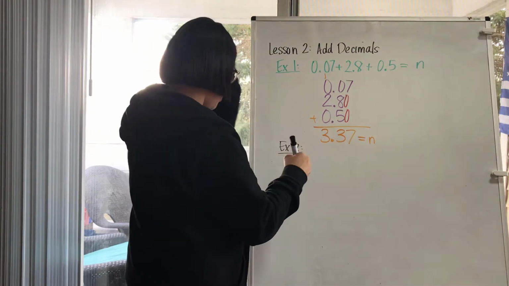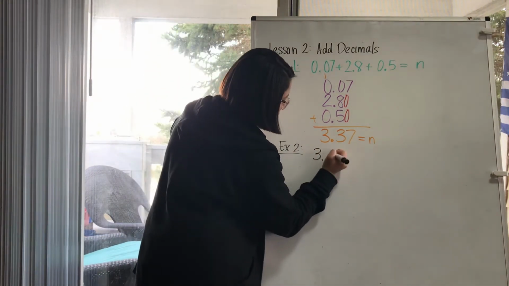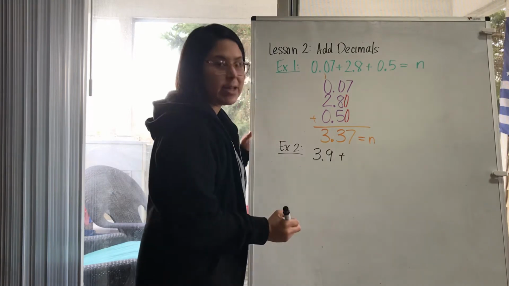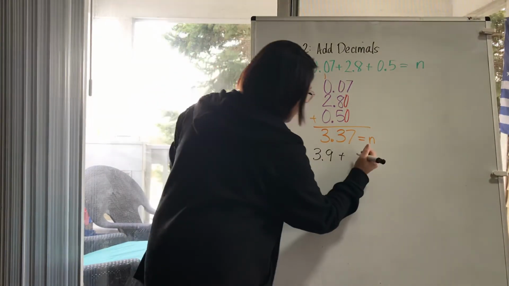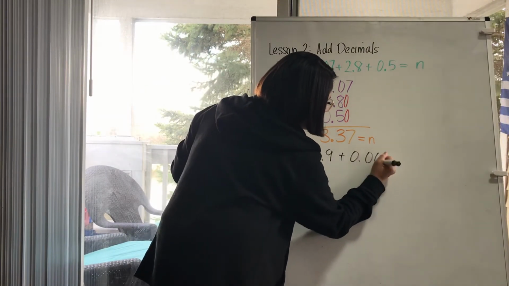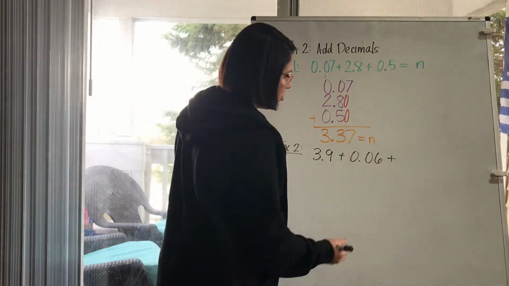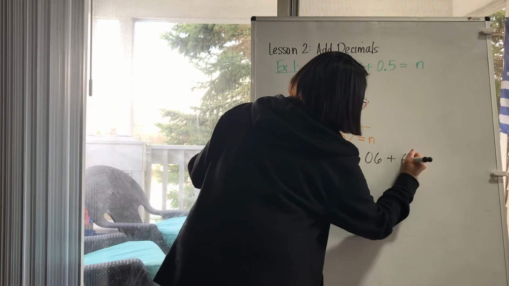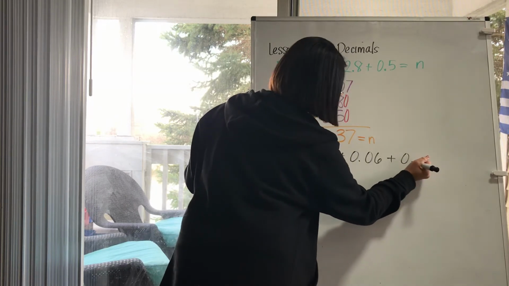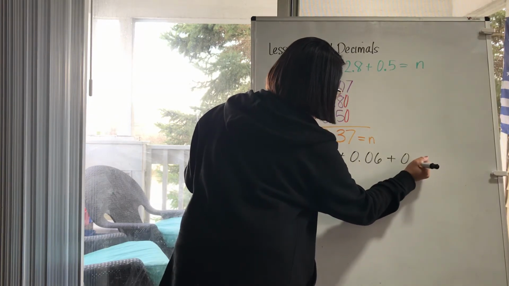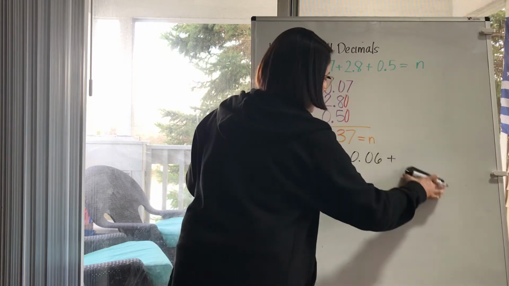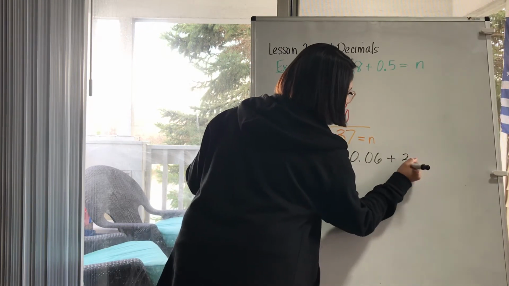Let's do 3.9, 3 and 9/10, plus 0.06. That's 0 and 6/100, plus 3.